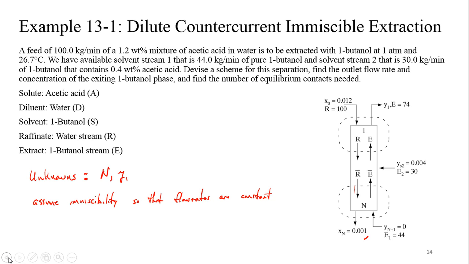We still have to have the water and the butanol moving in opposite directions, right? Where would you want to feed the more dense material? The top or the bottom? Top, right? Because you want it to fall down through the system, right? And you want to feed the less dense material at the bottom so it rises up through, right?